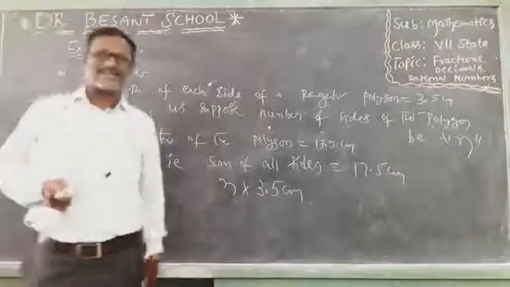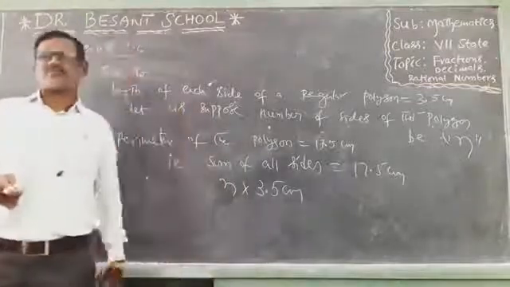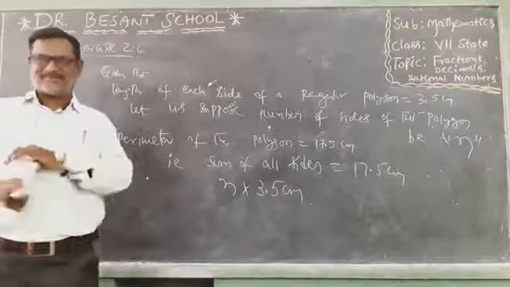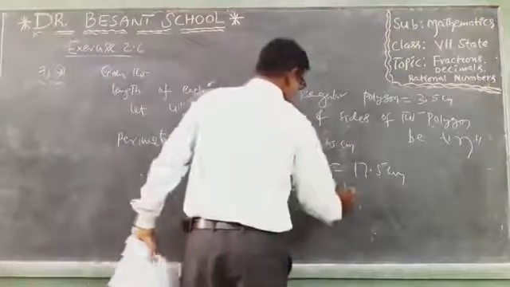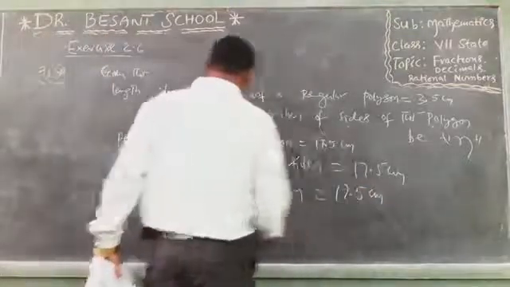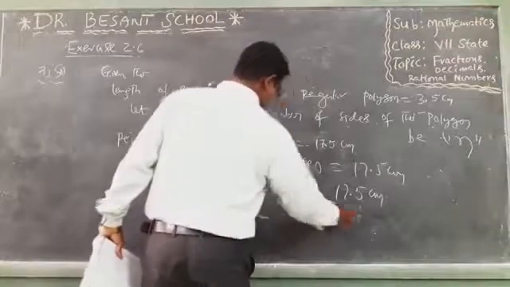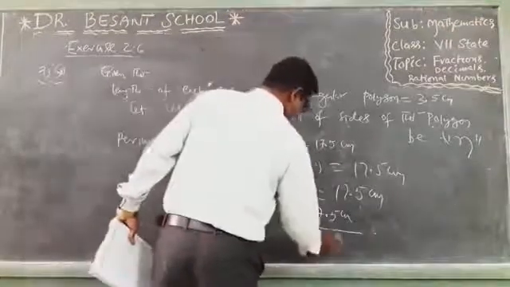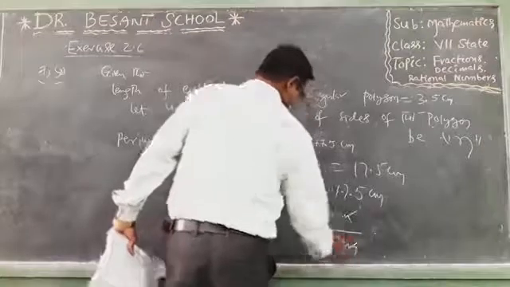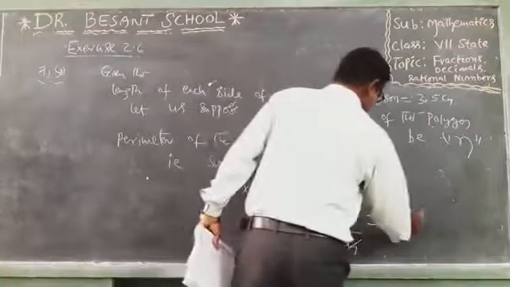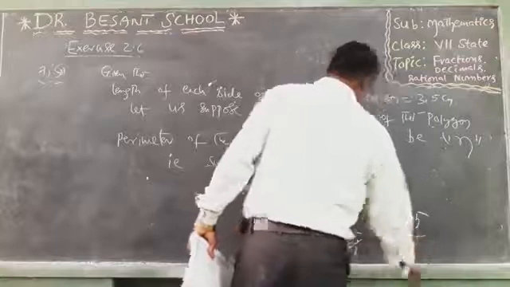Here we don't know how many sides are there. I suppose there are n sides. So perimeter means n into 3.5 is equal to 17.5 centimeters. So n is equal to 17.5 centimeters divided by 3.5 centimeters. Centimeters cancel. It is 17.5 by 3.5.